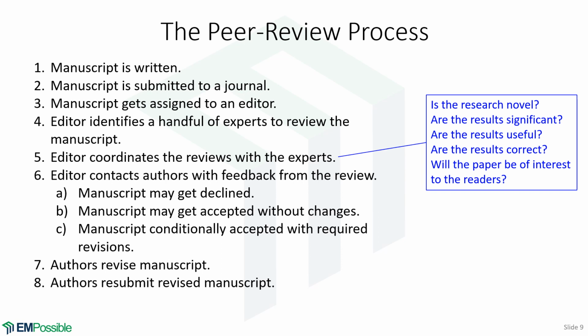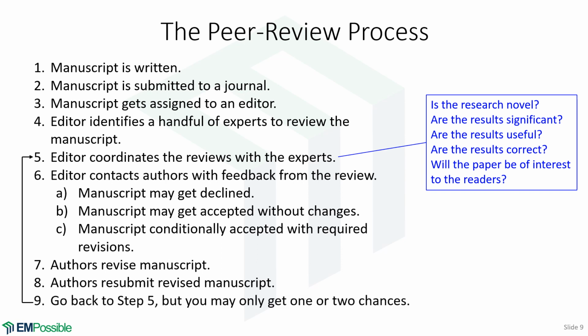Now, if there were more significant changes requested, then the editor will probably send it back to the original reviewers and say, hey, did these authors adequately respond to what you told them? So it starts all over. We go back to step 5. The editor coordinates with these reviewers. And like I said, if it's a minor change, this wouldn't happen. If it's more significant changes, it goes back. Then they submit their review, and this repeats.